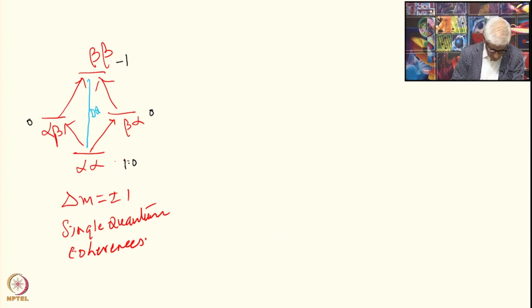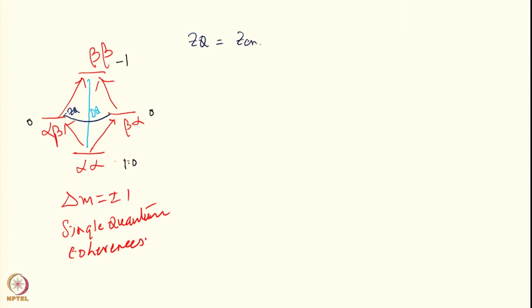And then you also have a third kind of thing possible. Let me see here, and this is ZQ, zero quantum. So ZQ is called zero quantum coherence, and DQ is called double quantum coherence.